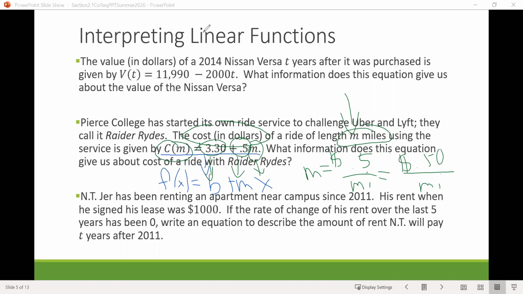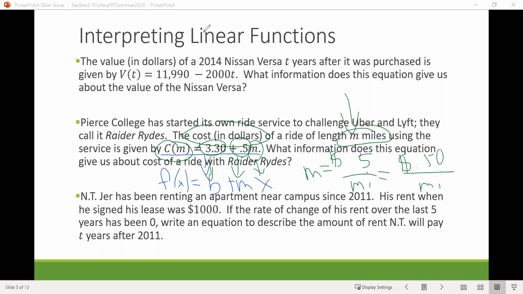All right, last thing here. Integer, who is one of our classmates, I don't know if you've met them yet, has been renting an apartment near campus since 2011. His rent when he signs his lease was $1,000. If the rate of change of his rent over the last 5 years has been 0, write an equation to describe the amount of rent NT will pay T years after 2011.